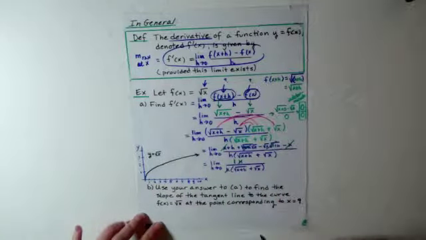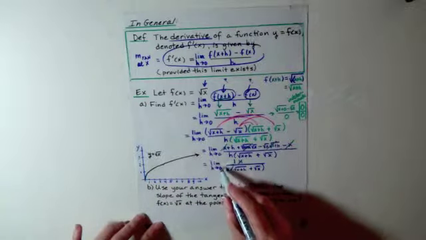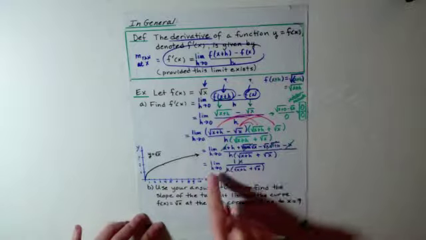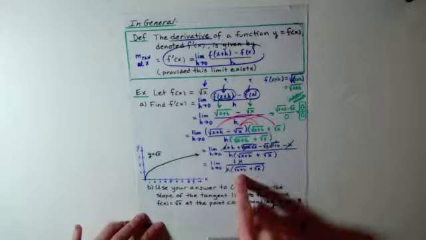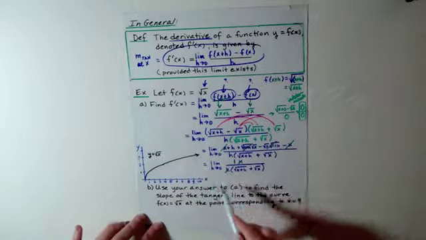I won't go through all of those details. Eventually we get to the point where we're just allowing h to approach 0. Remember, x is unaffected by h approaching 0. x we're thinking of as some specific value. Think of x as a constant for this limiting process.